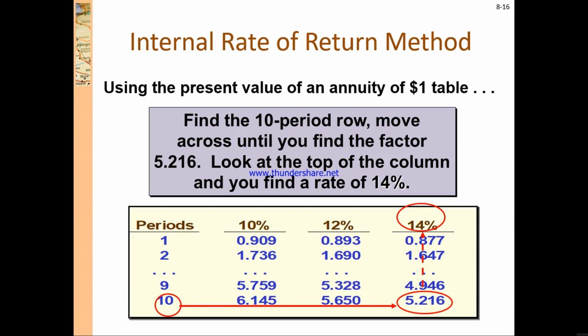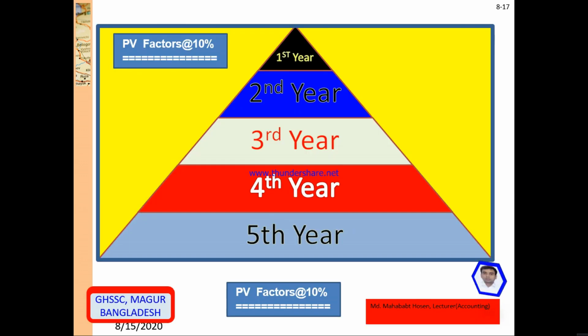At 10% for 10 years it is 6.145. By using 12% we will get 5.650, and by using 14% at the end of 10 years we will get 5.216. So let's go to the next slide for better understanding.